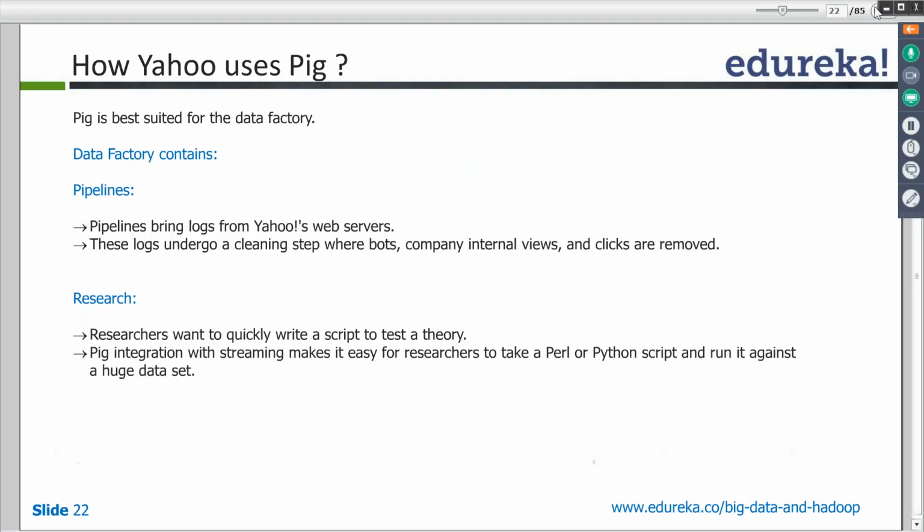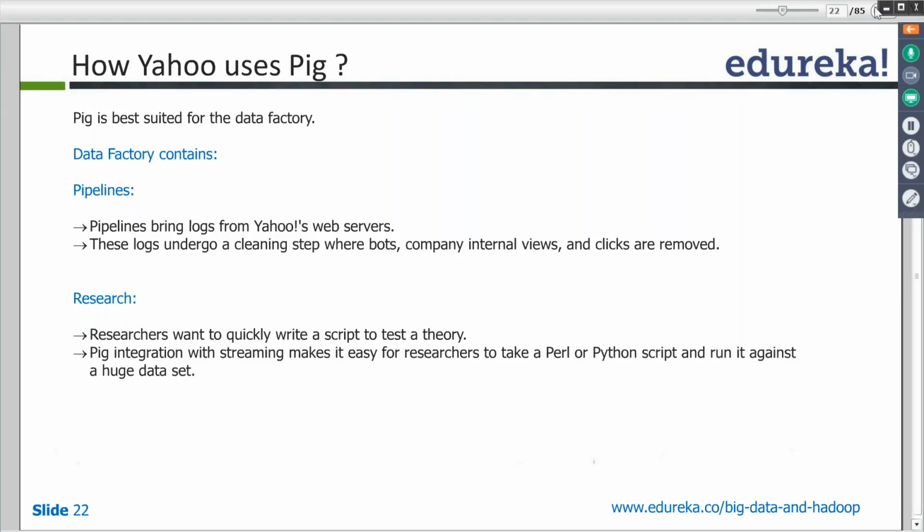So these scientists already have some of their scripts running. Before Pig, they already had their algorithms written in Python. Now they cannot scrap everything and accept a new language altogether.